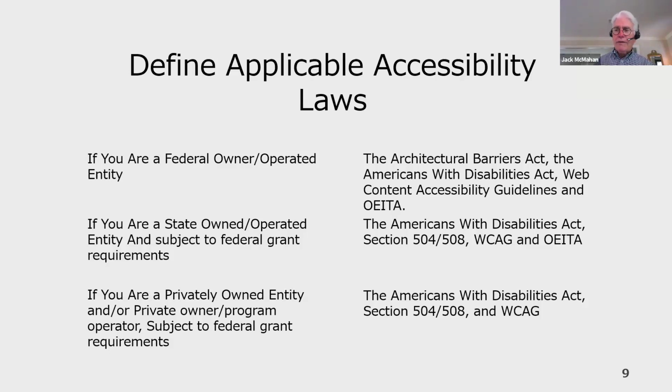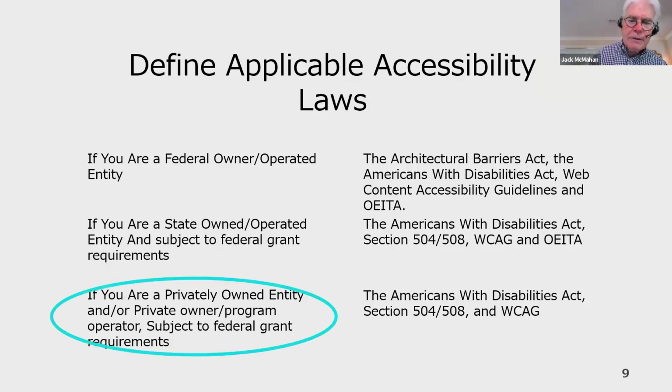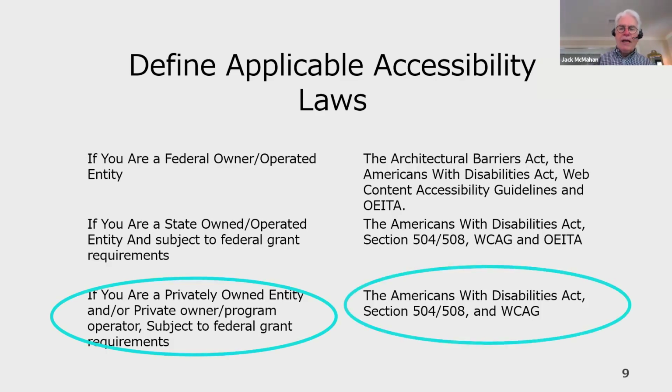So it gets very confusing. I won't go into the technical details, but make sure that you understand what laws or accessibility requirements you have. In this particular case, we had a private entity. It was a nonprofit company, private entity, but they still had requirements in several different areas. Section 508, WCAG, and the Americans with Disabilities Act all had to be satisfied.